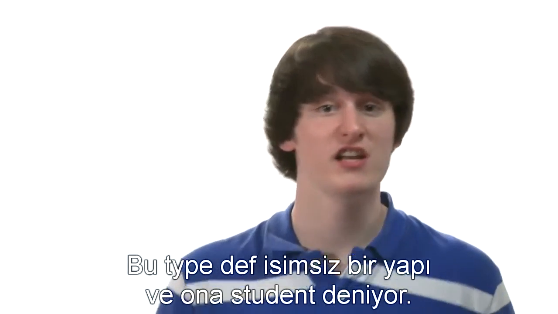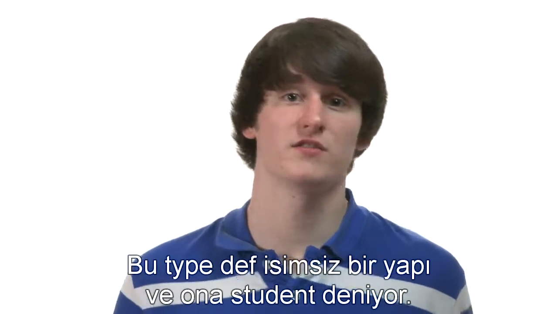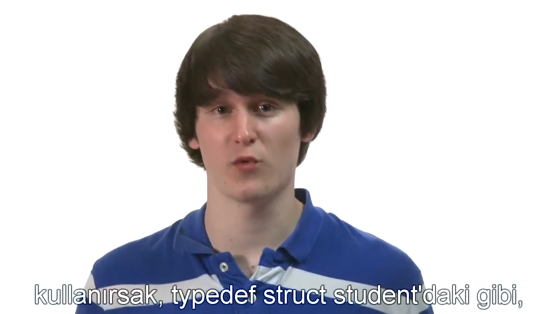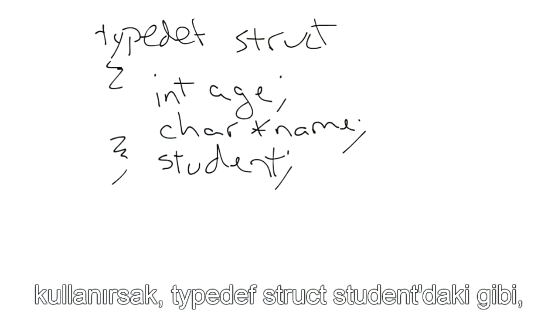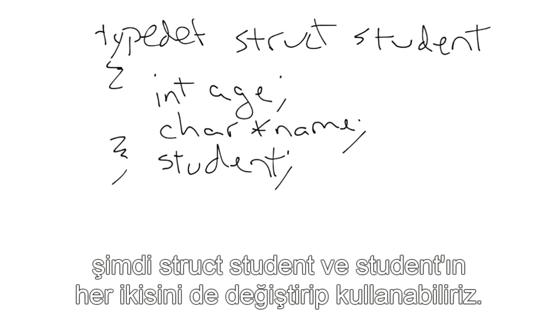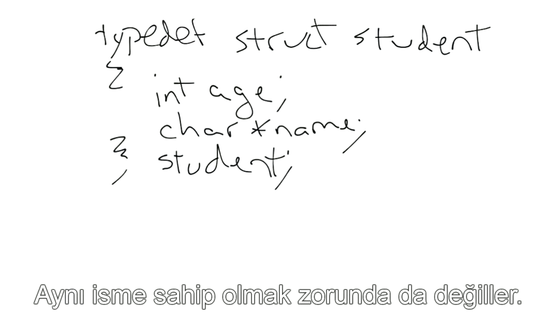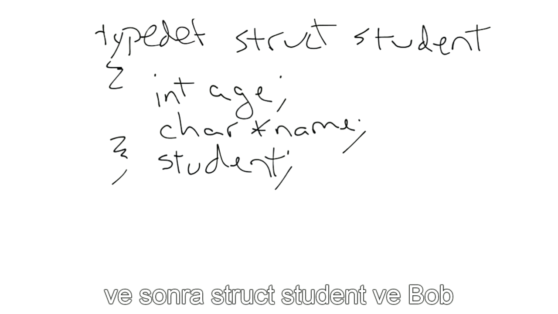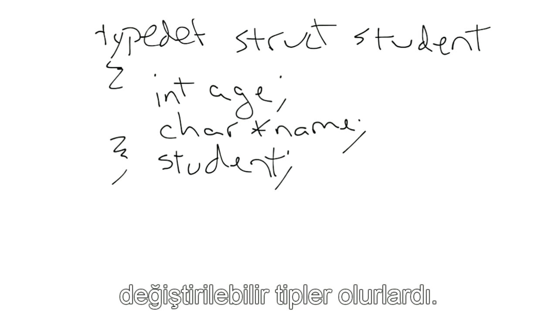This typedefs an anonymous struct and calls it student. But if we also keep the student identifier next to the word struct, as in typedef struct student, we could use both struct student and student interchangeably now. They don't even have to have the same name. We could typedef struct student to Bob, and then struct student and Bob would be interchangeable types.